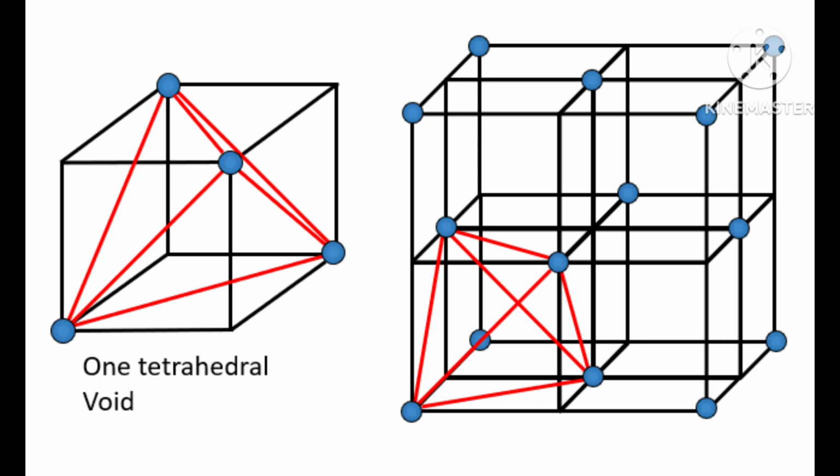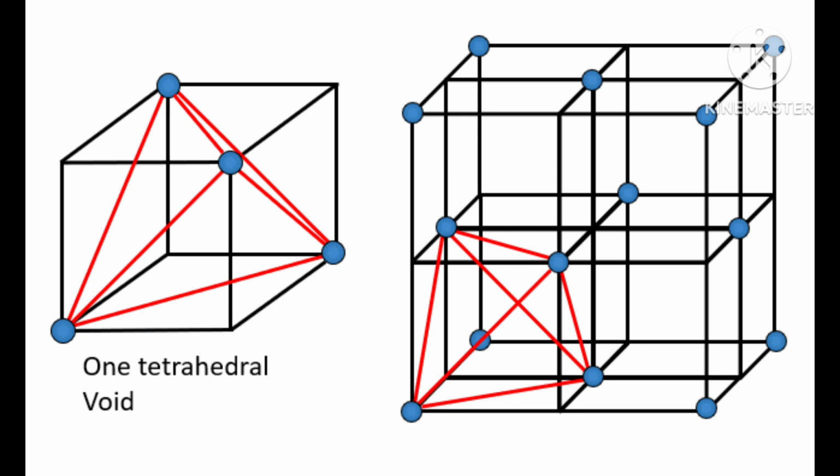Now you can cut it into 8 pieces, which means from the one unit cell you can make 8 small cubes.